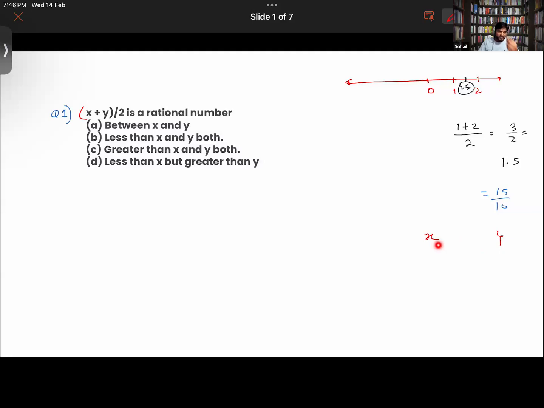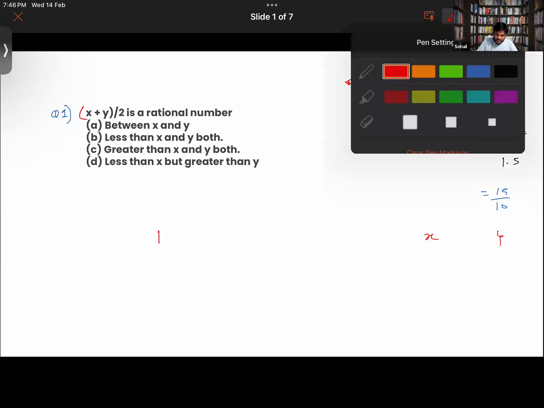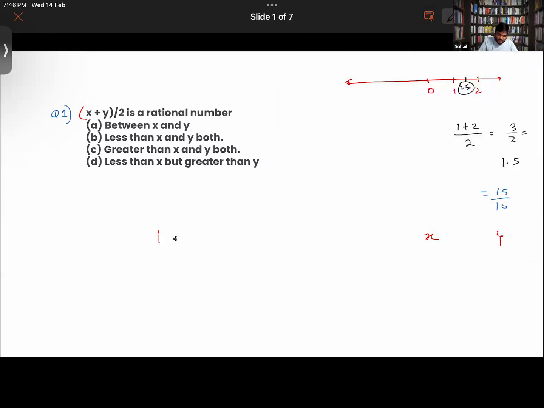No, it's not about whether they are even or odd. Simply, see for example, this is a number line, numbers 1 and 2. So between 1 and 2, how many rational numbers can you find? Sir, infinite. Infinite, exactly.